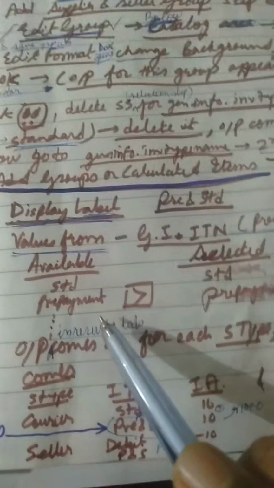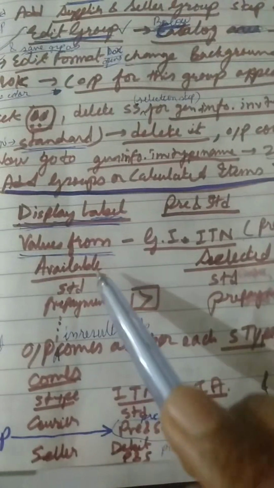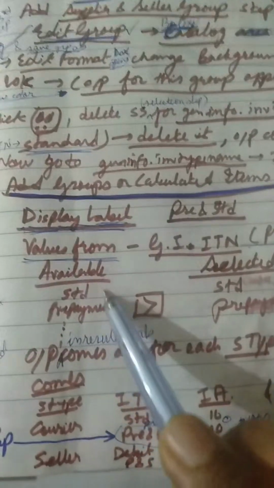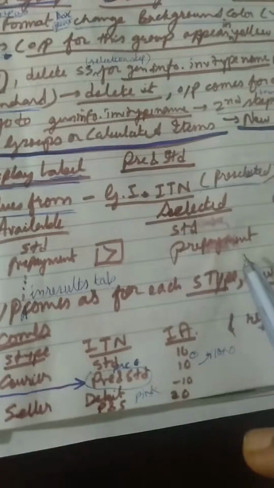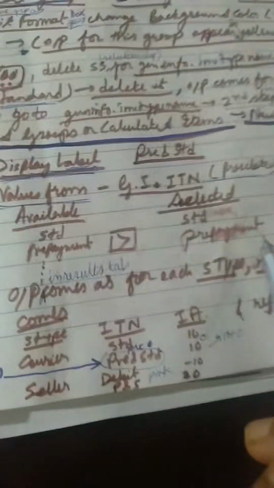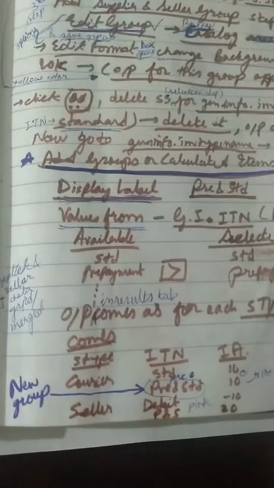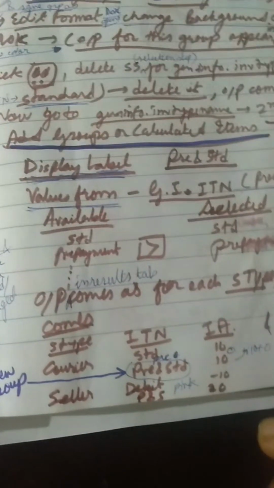Again we'll have two things, available and selected. Whatever values of columns I want to select, I can select, click on this, and this will be in the selected. And now the calculated column, or new group, will be done based on this.